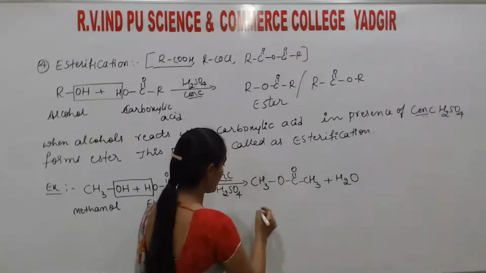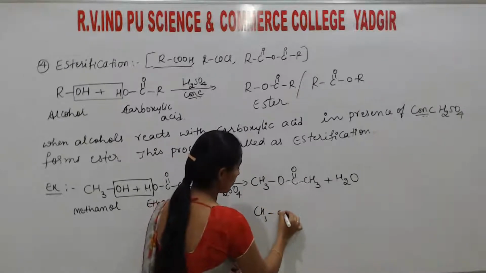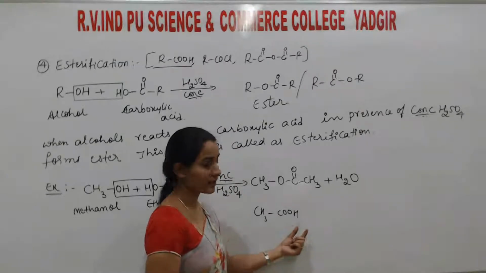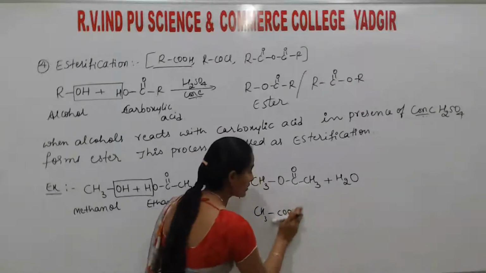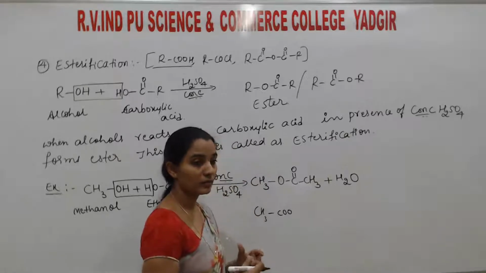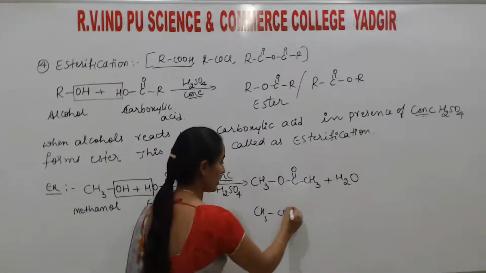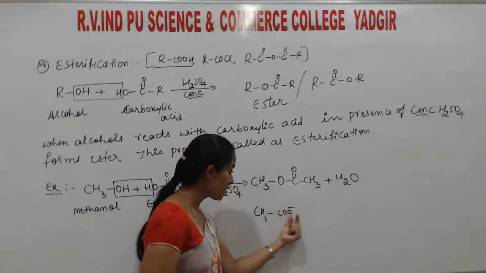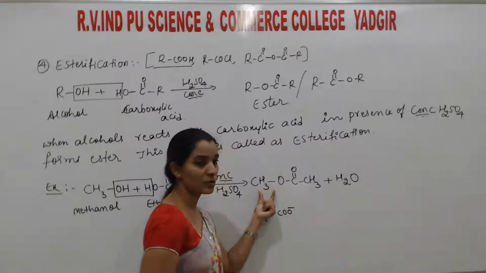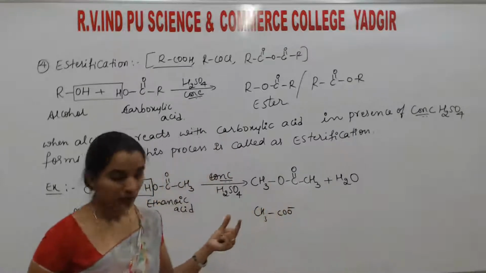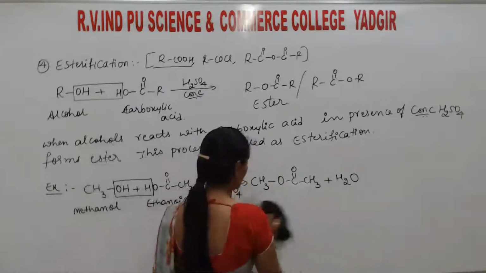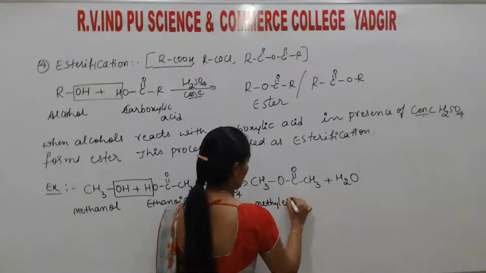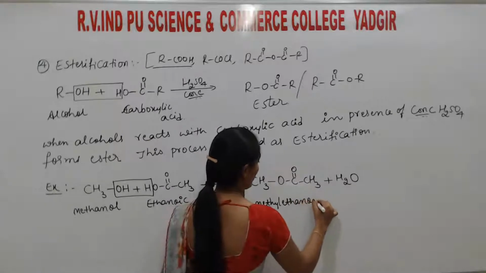This group, CH3COOH, is ethanoic acid; if we remove H, it is called acetate, ethanoate. To this ethanoate ion, the methyl is substituted.